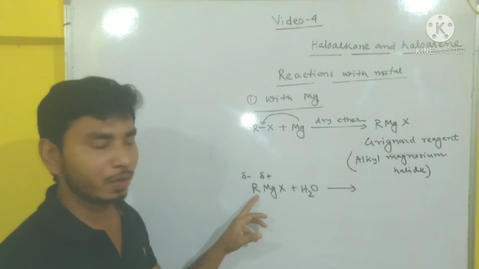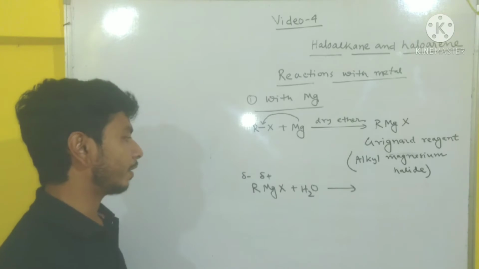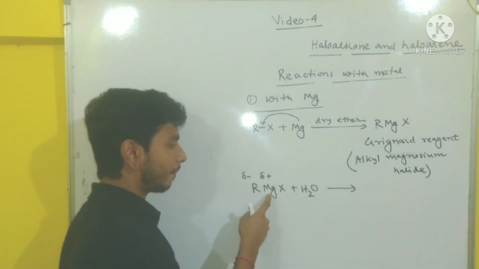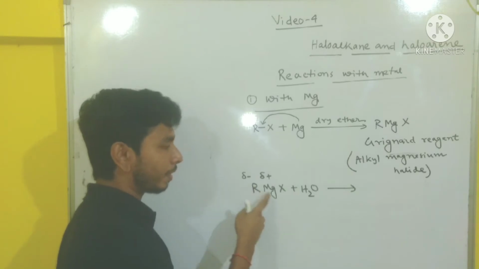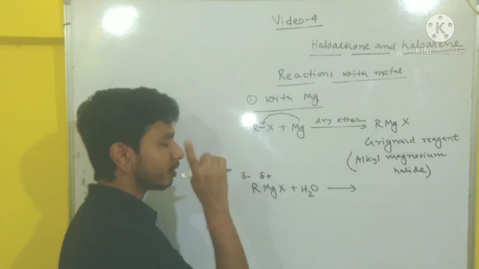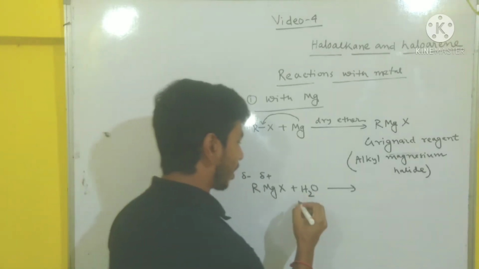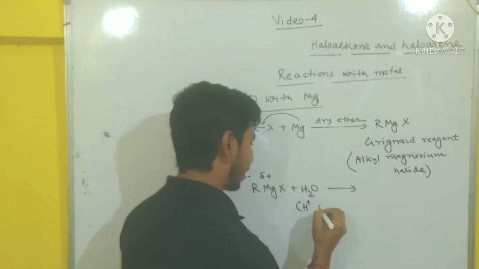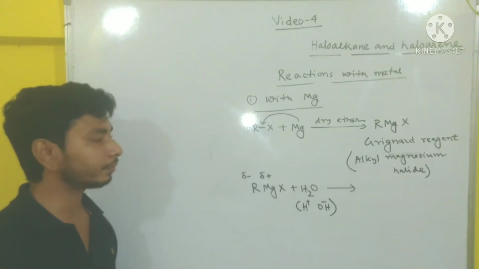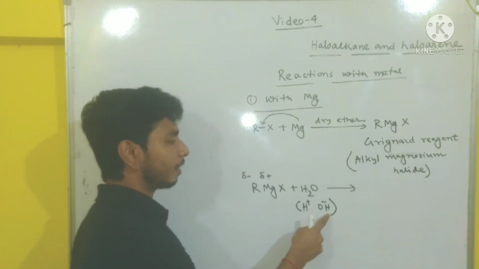Alkyl group means carbon, and carbon is delta minus. If we compare the electronegativity of carbon and magnesium, carbon is more electronegative than magnesium. So carbon is delta minus, magnesium is delta plus. And water can be written as H plus OH minus.